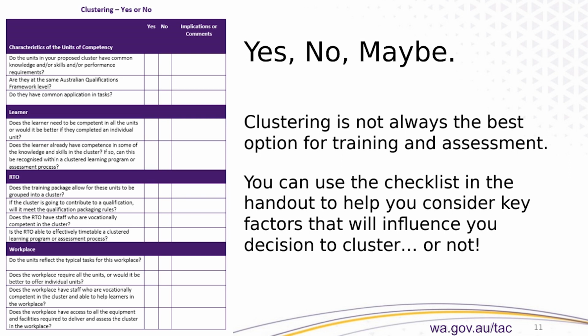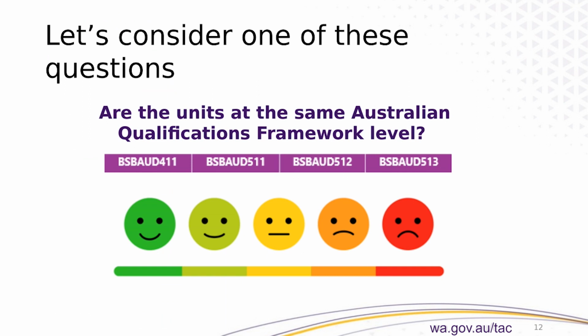So if we looked at an example from that checklist, one of the questions on that checklist is, are the units at the same Australian Qualifications Framework level? And in our example that we used with the auditing, one of them is sitting at, or would be expected from, a Certificate 4 level qualification, and 3 of them are units that you would expect to find in a diploma level qualification.